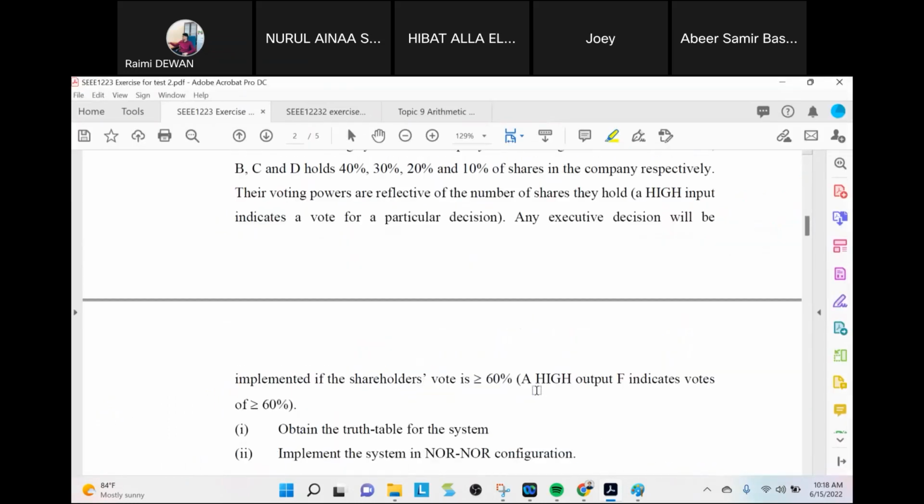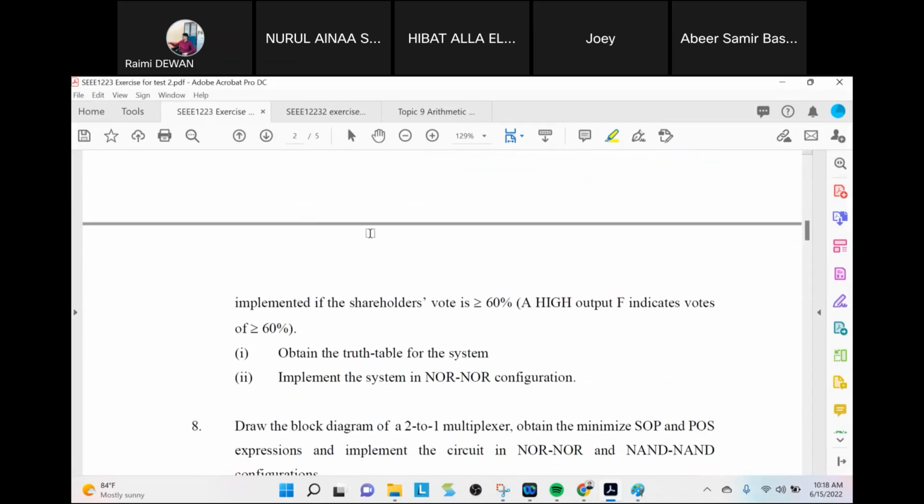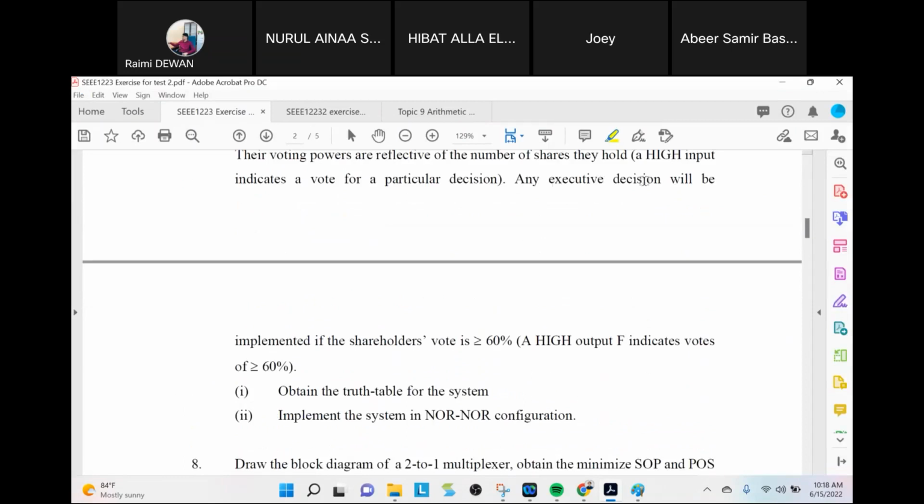you see, because we have holding power, A is actually greater than B and B greater than C, C greater than D, because this is based on the shares lah, okay. So here, any executive decision will be implemented if the shareholder vote is 60%. A high output of F indicates votes of 60%.